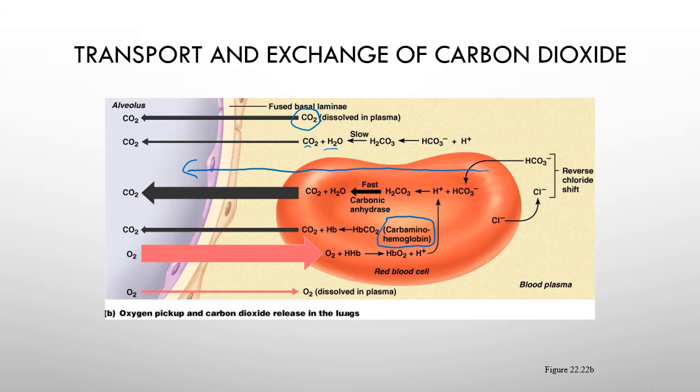But here we don't have the benefit of that carbonic anhydrase. So this is a slow process in order to move that small amount back into the lungs as well. And so now we've dumped off all of our carbon dioxide. We've picked up oxygen. So once again, oxygen moving in, following that pressure gradient, binds to the hemoglobin almost entirely.